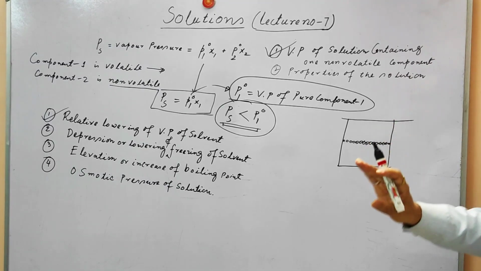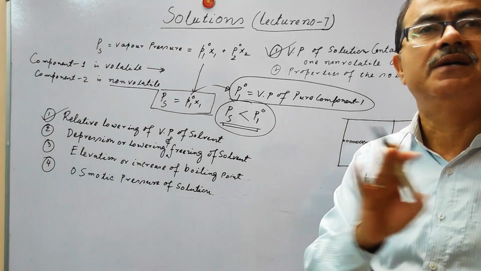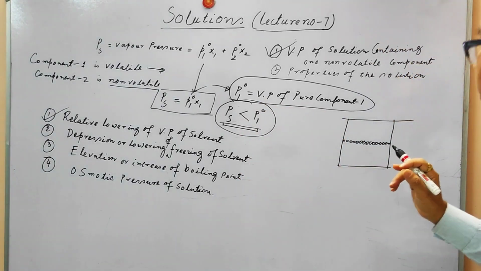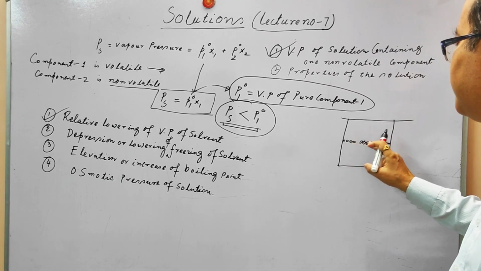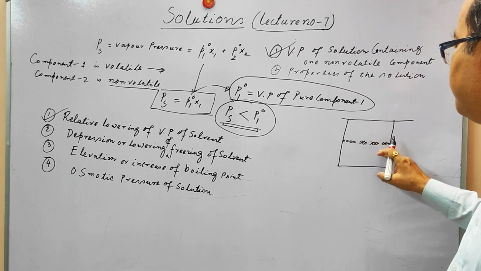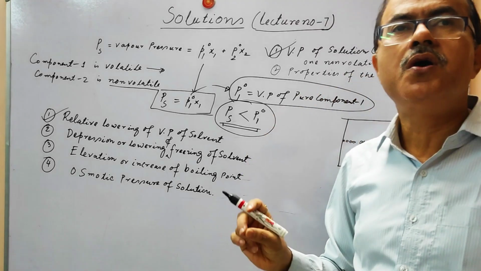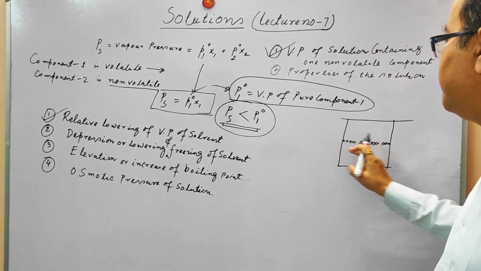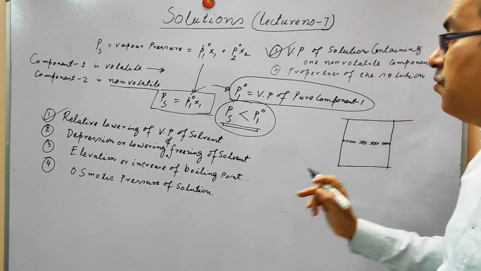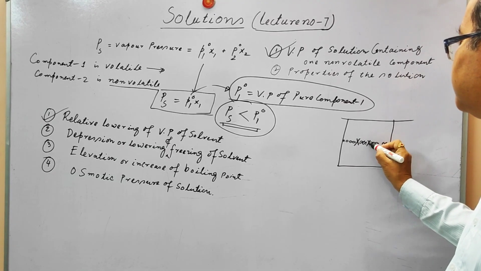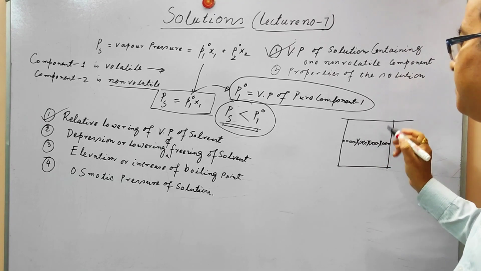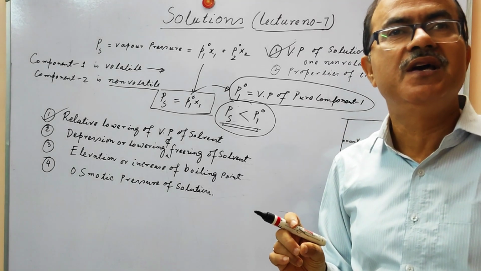But when the non-volatile substance has been put in, some of the surface area of the solution will be occupied. Suppose this is a non-volatile substance. This area will be occupied by this non-volatile substance.